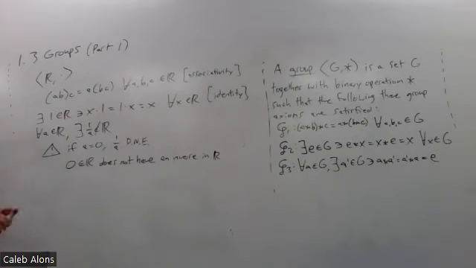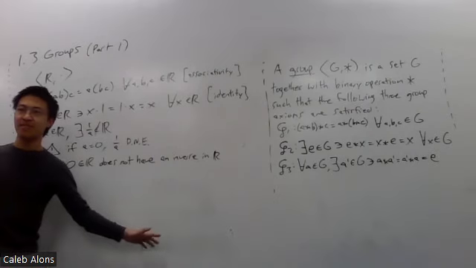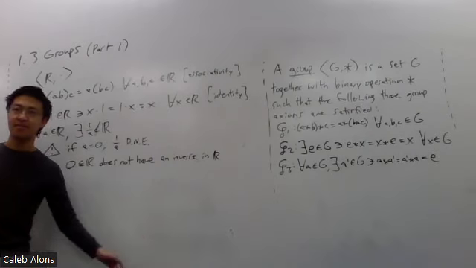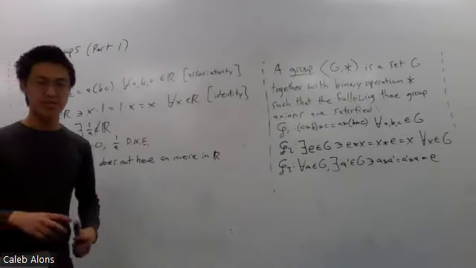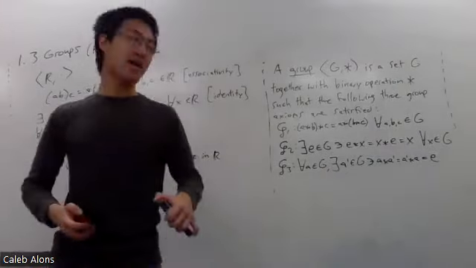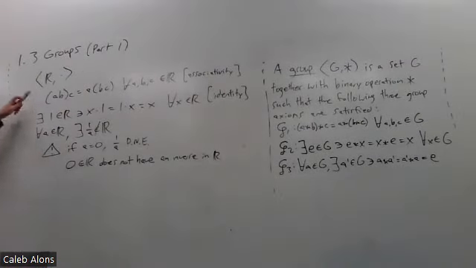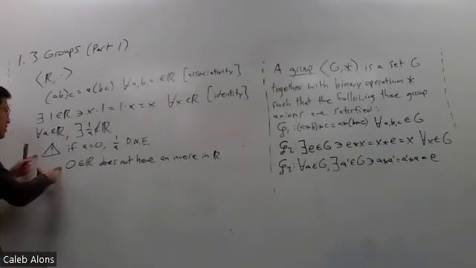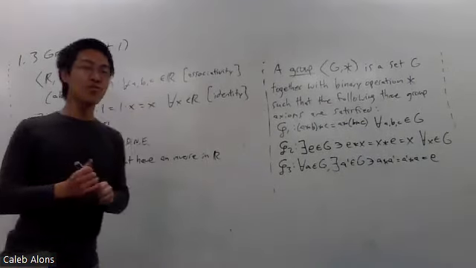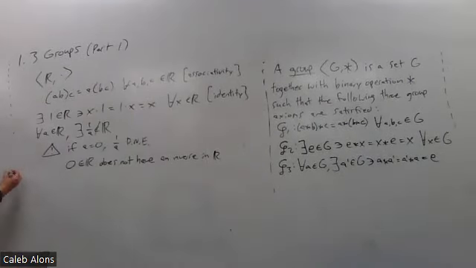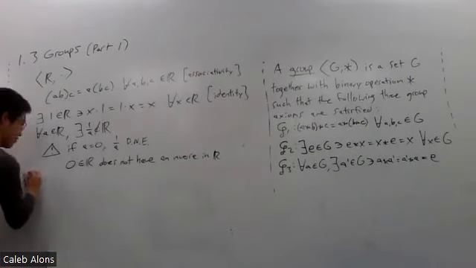Now, what about every other value of A? It should work. Yeah, it should work. And so we have a way to actually patch this little fix in math. So what we do, instead of taking all of R for multiplication, to counteract this issue, we do R with 0 removed.